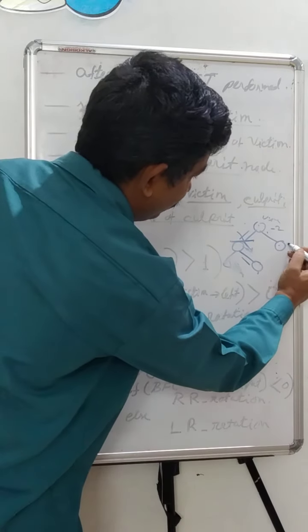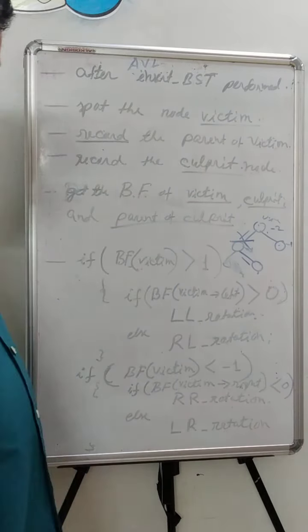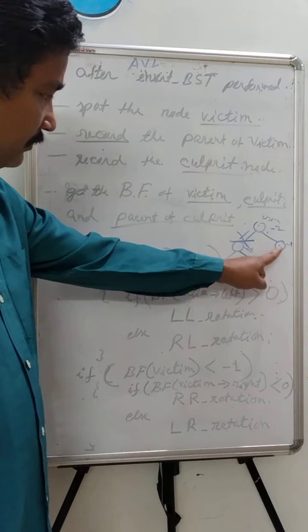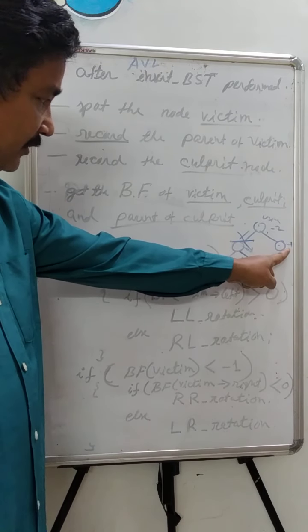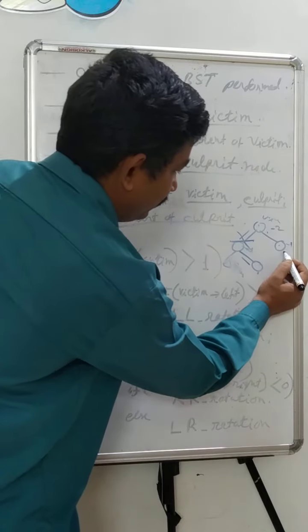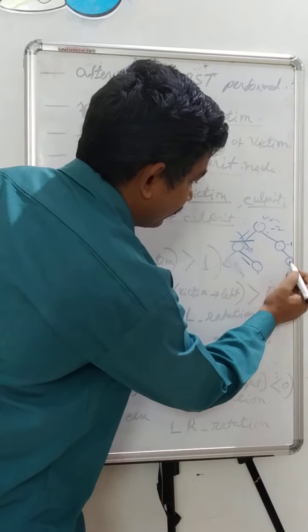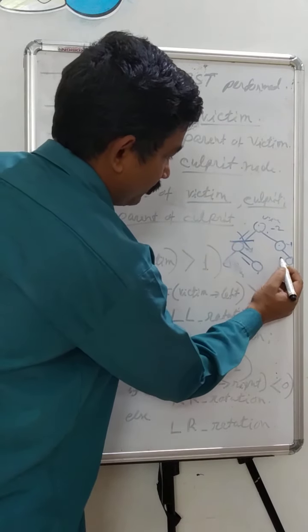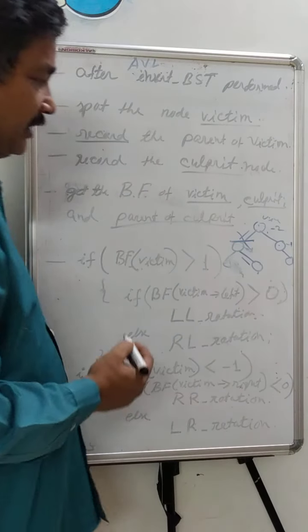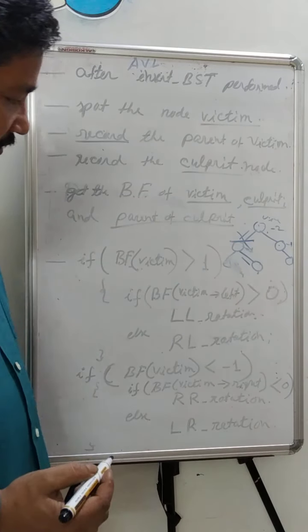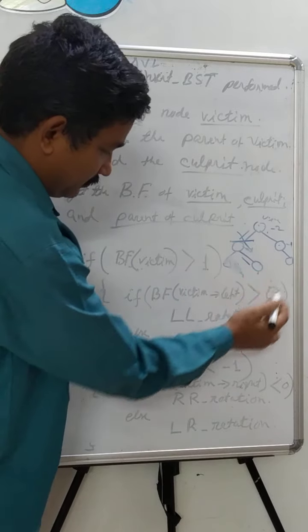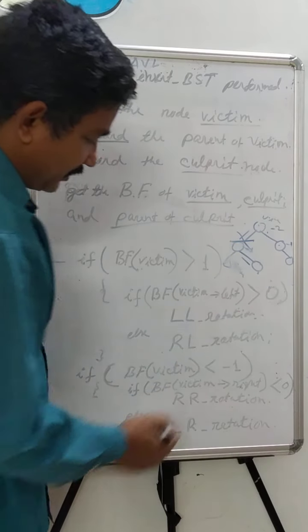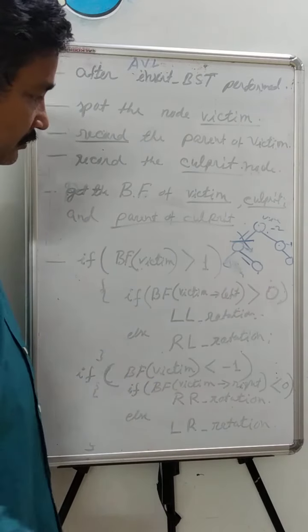Less than 0, possible value here is -1. So if this is the balance factor of this one, then the newly inserted node is here. So balance factor can be -1. So in this situation, we have to perform the operation that is named as RR rotation.